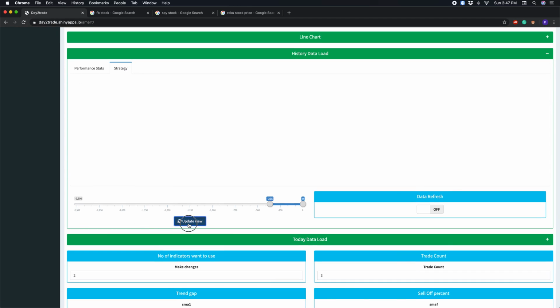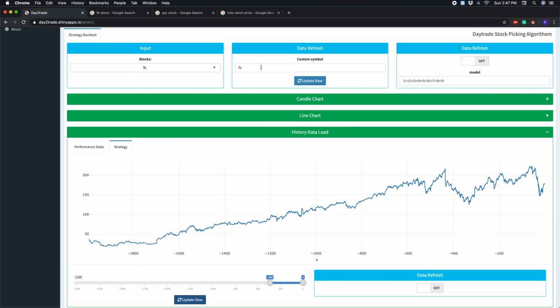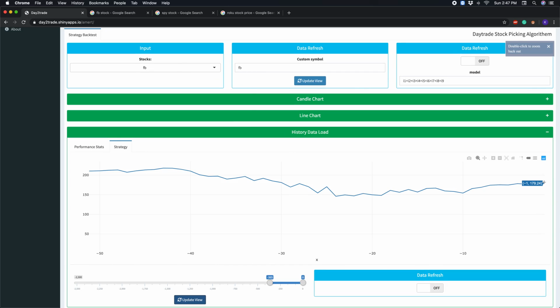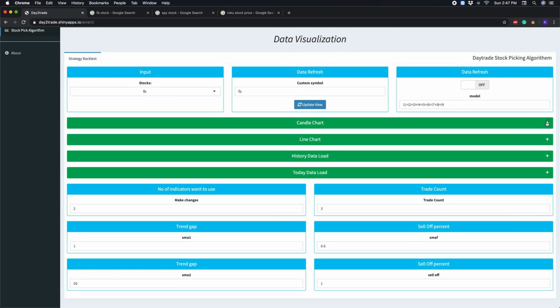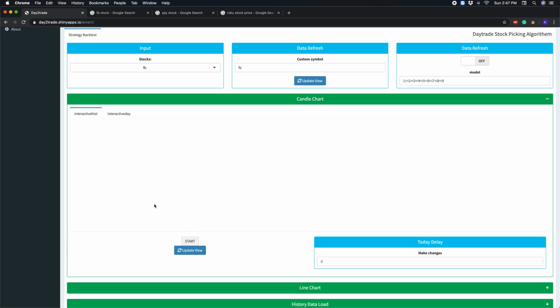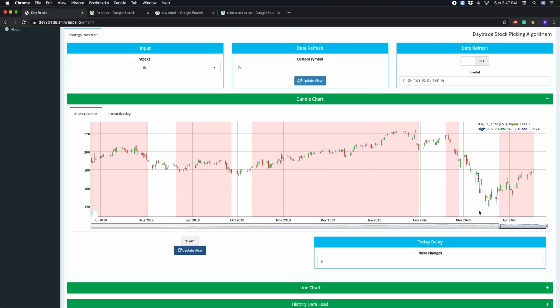So if you see the data load as in my previous video, I'm just doing the data load using history, and you can compare the last value which is 179.24. From there we can go to interactive hist and start update view so that you will get the portion of this selection points where I have selected the stock to buy and sell.